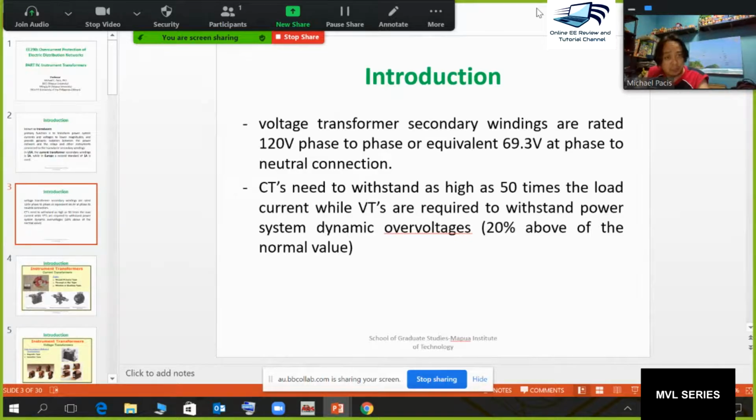The full load current is our base current, so it depends on the rating of your transformer in MVA divided by the specific voltage referred to primary or secondary. The VT requires an overvoltage capability of 20% of the normal value. So if you have a voltage transformer or a current transformer, you have those threshold values so that it will not be overheated or sometimes oxidized because of overcurrent and overvoltage.